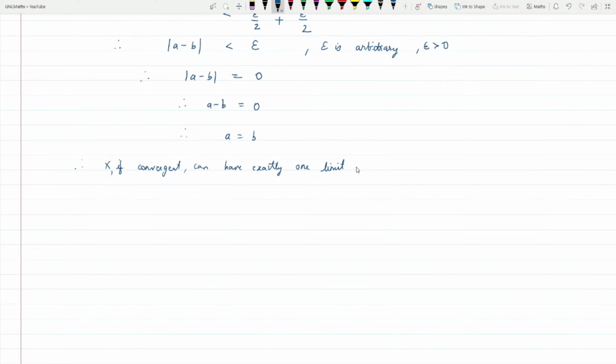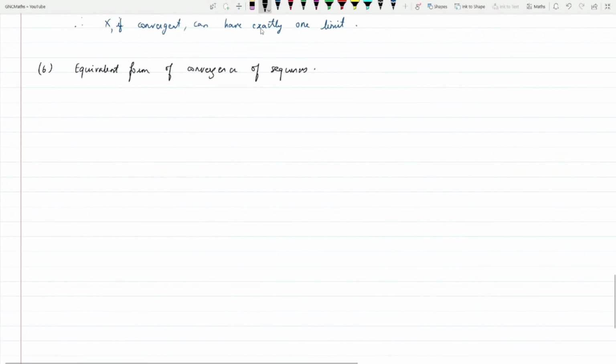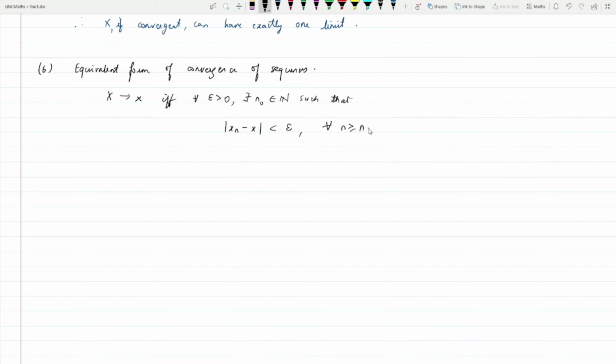Now moving ahead, we will talk about various equivalent forms of the epsilon n0 definition of sequences. From the epsilon n0 definition, we know that a sequence x converges to a real number x if and only if for any positive epsilon we are able to find a natural number n0 such that the distance between xn and x can be made less than epsilon for every n greater than or equal to n0.